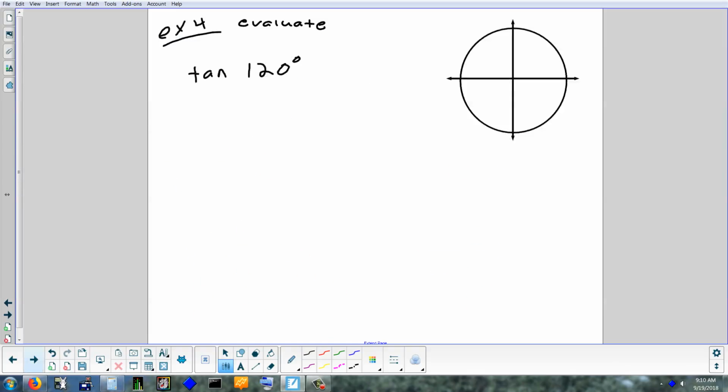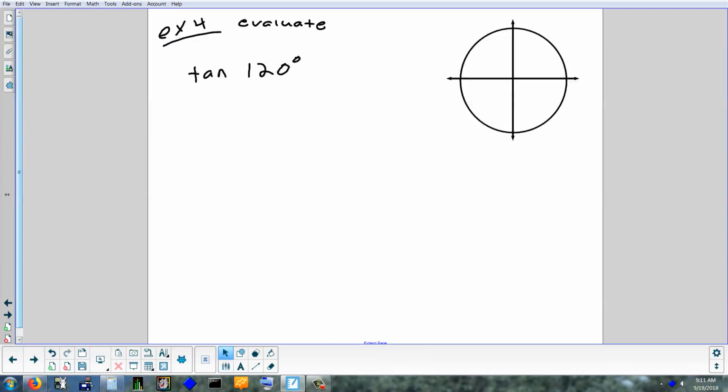Okay, so let's try tangent 120. Again, off the top of my head, I'm not sure. But I know how to make the triangle, and from there I can label the sides, and then I can get the coordinate. Those are the steps I would go through in my head if someone asked me that question.